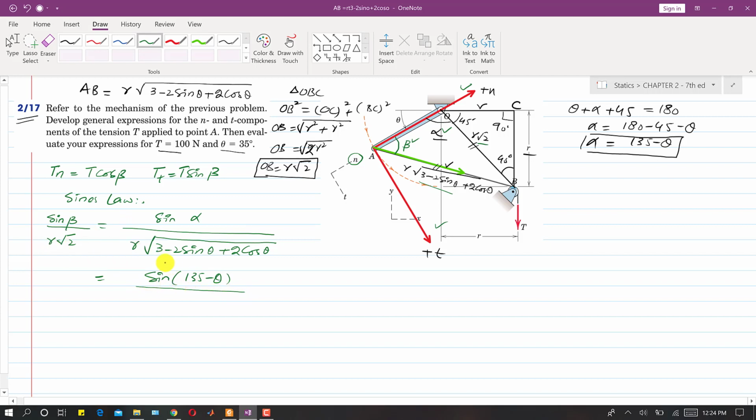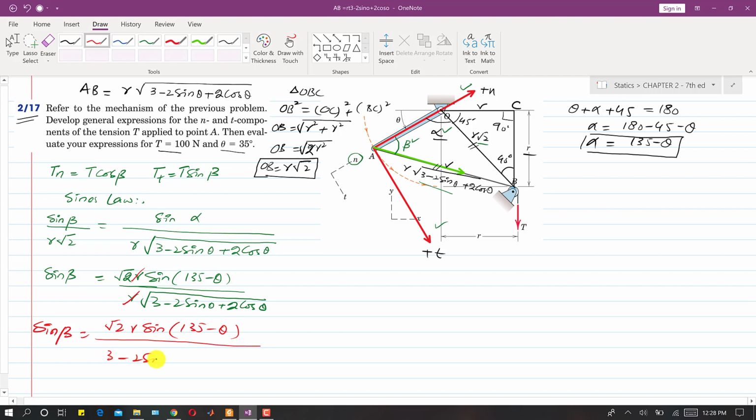If we multiply this here, this r will be cancelled out with this r, so sine of beta will be equal to under the root 2 sine of 135 minus theta divided by the square root of 3 minus 2 sine of theta plus 2 cos of theta.